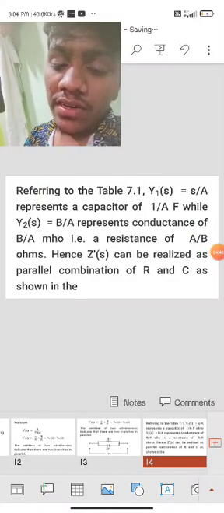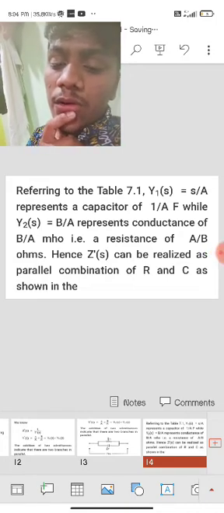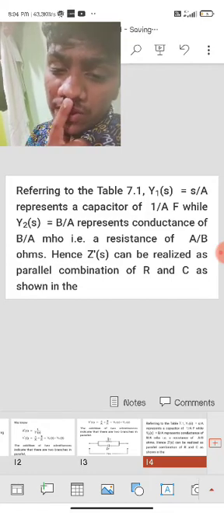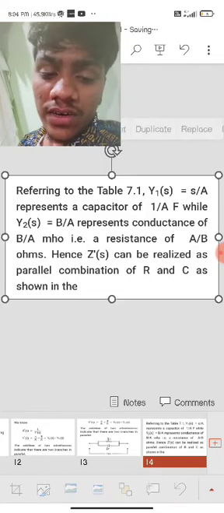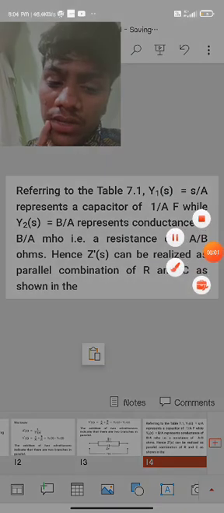Hence the Z dash of s can be realized as a parallel combination of R and C as shown in the figure.